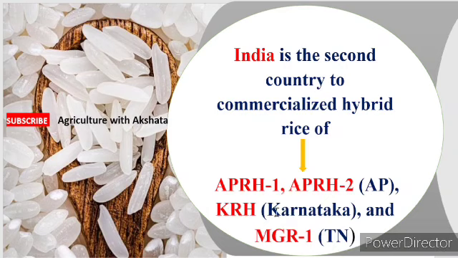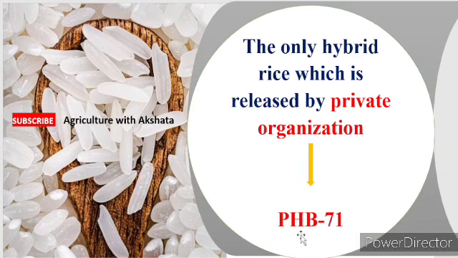Whereas from Karnataka it is Karnataka Rice Hybrid, and from Tamil Nadu it is MGR1. The only hybrid rice released by a private organization is PHB 71.